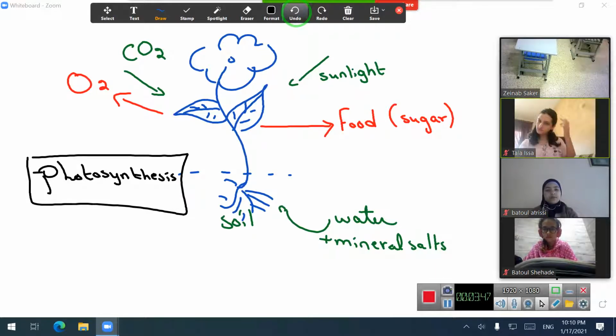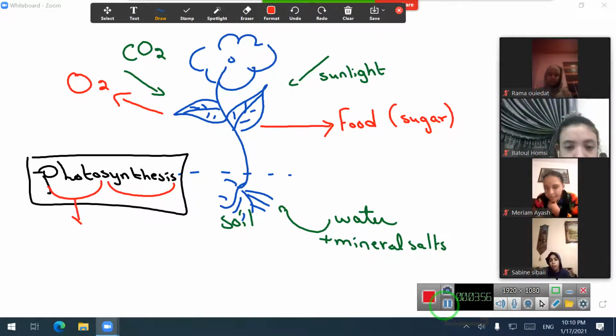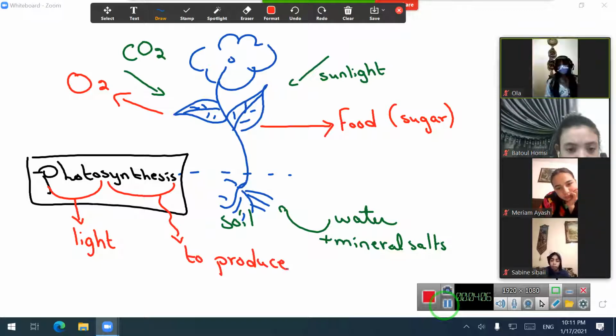Who knows what we mean by the word photo alone and the word synthesis? The word photo means light. Synthesis is to produce or make.